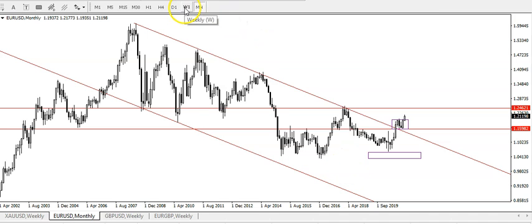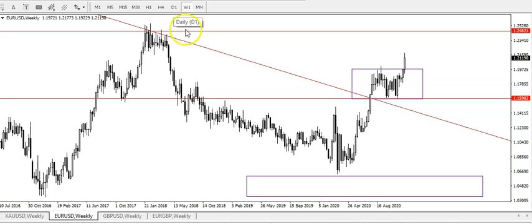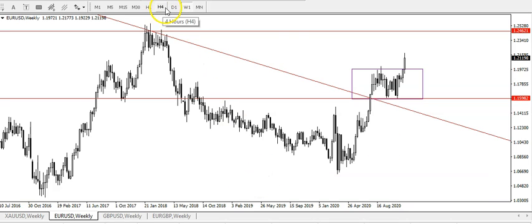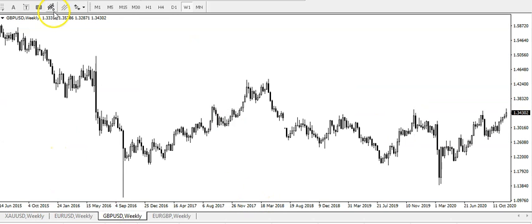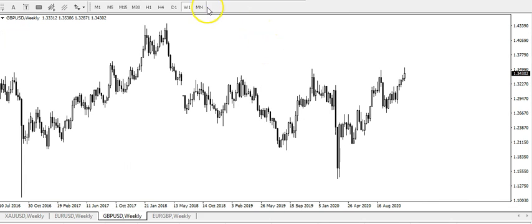Okay, bear in mind this is a monthly chart. I will then look for my entries. Sorry, I will get a confirmation in a weekly chart and look for my entries in a much smaller time frame. Okay, so this is euro.